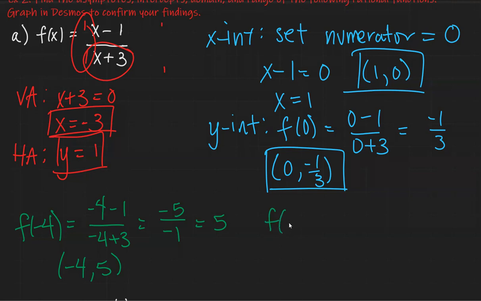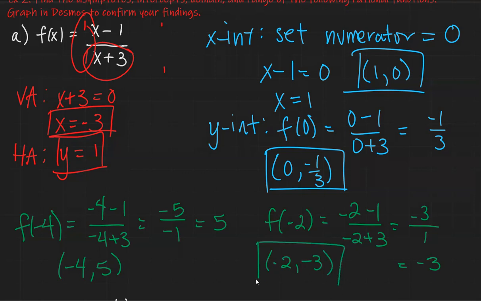And then f of -2, we're going to go ahead and get -2 minus 1 over -2 plus 3. -2 minus 1, that's -3. -2 plus 3, that's 1. So we get -3. So then another point on the graph is (-2, -3). Okay, so we went ahead and we did a little bit of extra just to be safe.